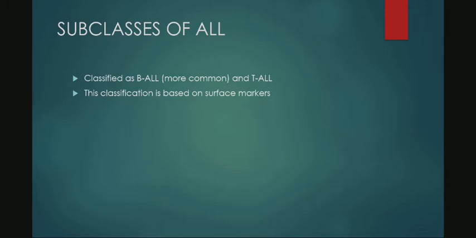Commonly, like I've already mentioned, the cell surface marker involved will be CD2 to CD8. The other thing worth mentioning is that in most cases, T-ALL will present in teenagers, and this is a teenager who has a mediastinal thymic mass.